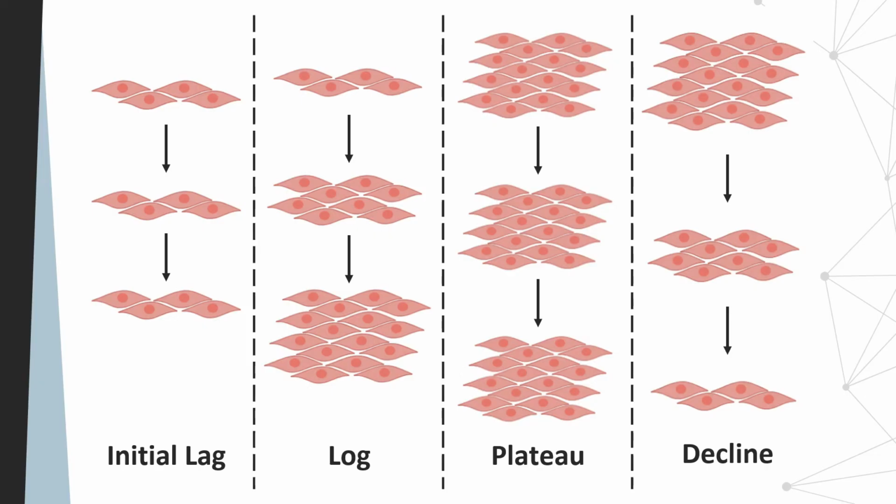The log phase is the period of exponential proliferation of cells. The plateau phase is the period when there is no net increase in the cell number. And finally, the decline phase is the period where cell death exceeds cell division.